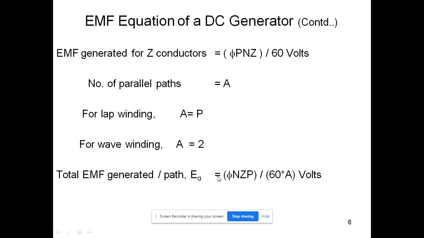That is nothing but E is equal to ZNPΦ by 60A. And for lap winding, this A is equal to P, where P is the number of poles. If the problem mentions a lap winding, then A must be replaced by P, the number of poles. If it is a wave winding, then the number of parallel paths will be equal to 2.